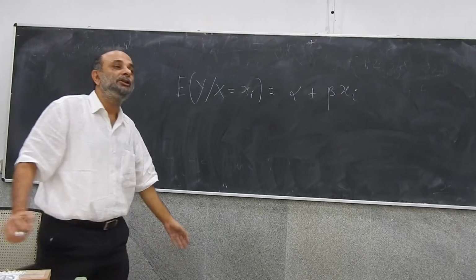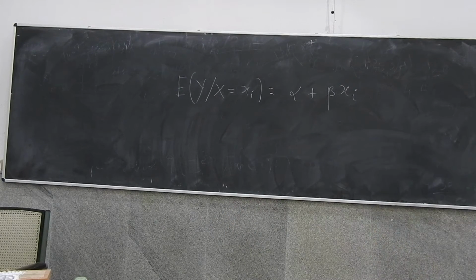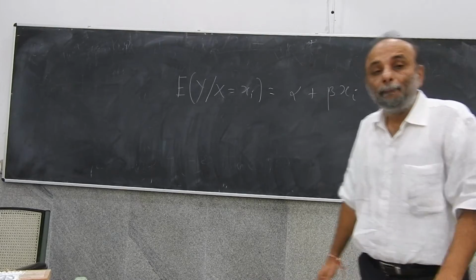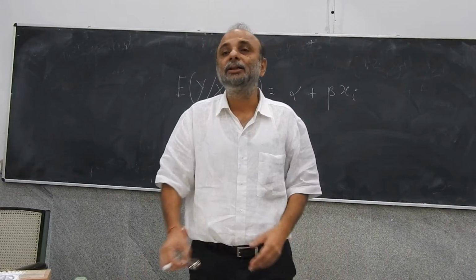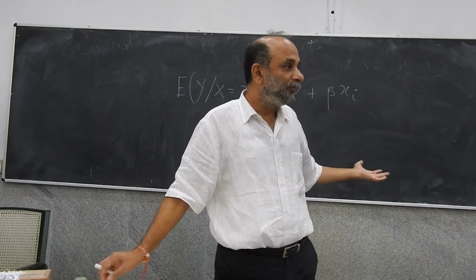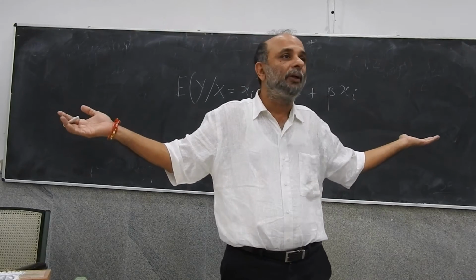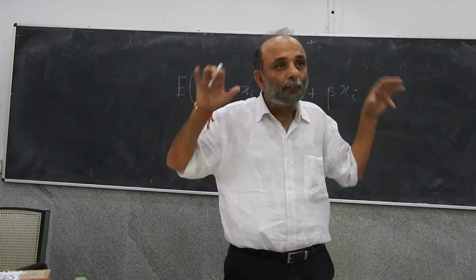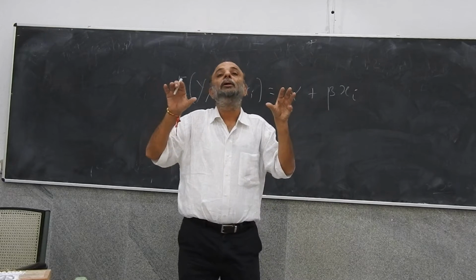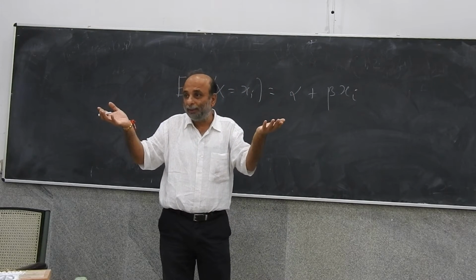Why is it called the population regression function? Any idea? Because in a sense we knew what the population was. If we toss 3 coins, you know the set of all possible outcomes. You know the probabilities with which each of the outcomes comes about, because they are all equally likely.